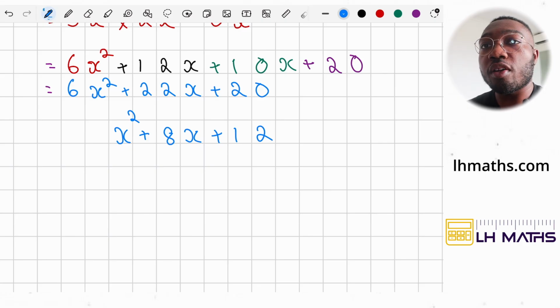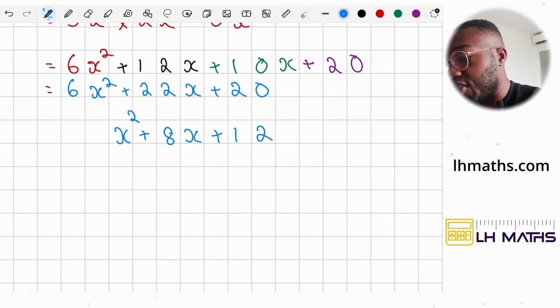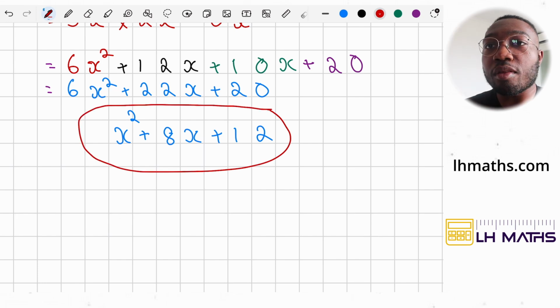What is factorizing? Factorizing is the opposite of expanding the bracket. So we need to put this lovely expression now in the brackets. So that's what we'll be doing next lesson.